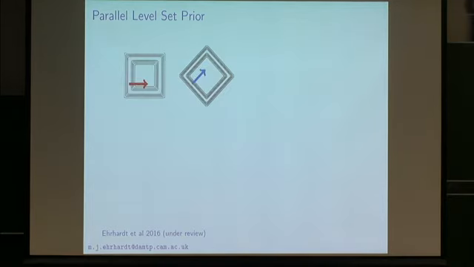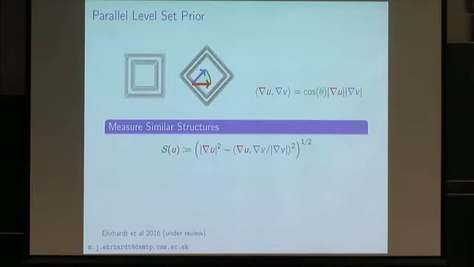If we now draw the spatial gradient onto these images, then we know that the spatial gradient is orthogonal to the level sets, which allows us to measure how structurally similar they are. And we know that the spatial gradients fulfill this equation, so we can measure how structurally similar they are. Based on this, we define this function, where we just shift everything to one side.